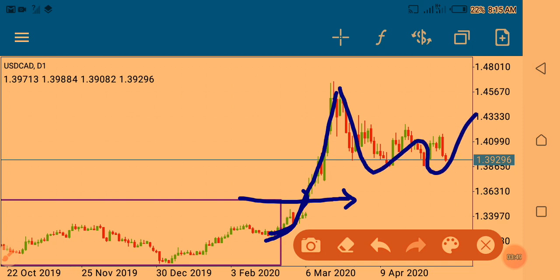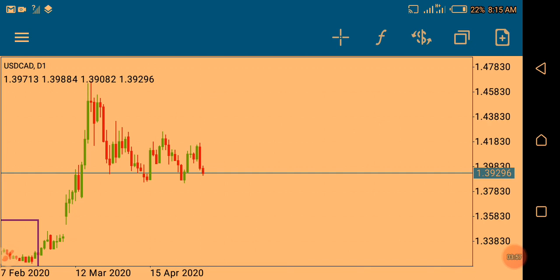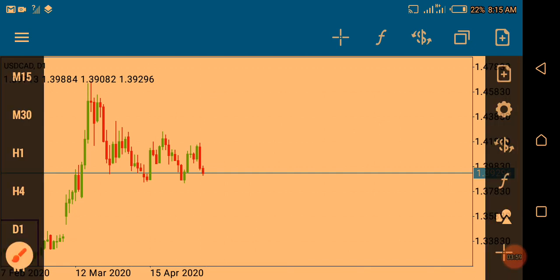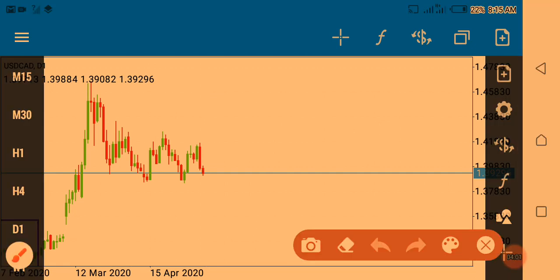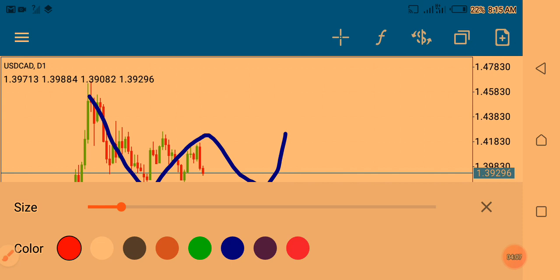With this, it's going to make higher highs and more. My analysis is that at this point it will probably form a W pattern, which is really nice, and then it's up all the way.